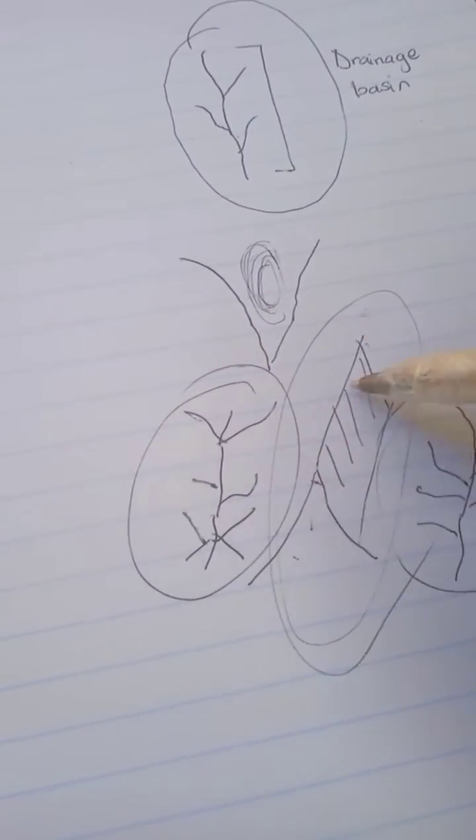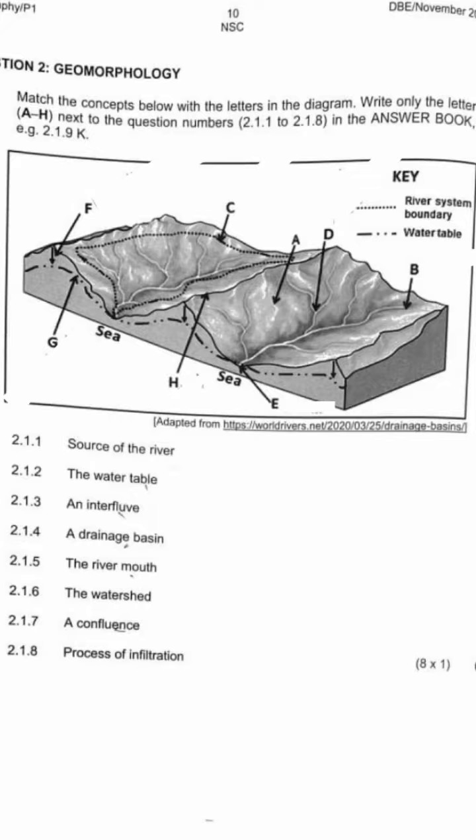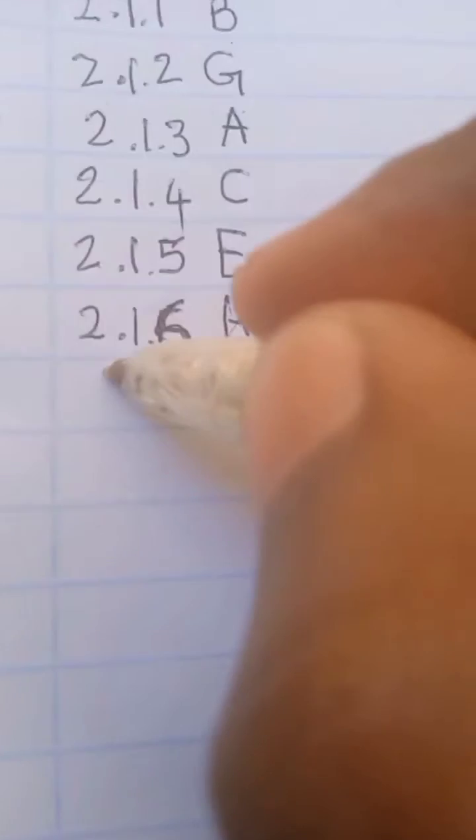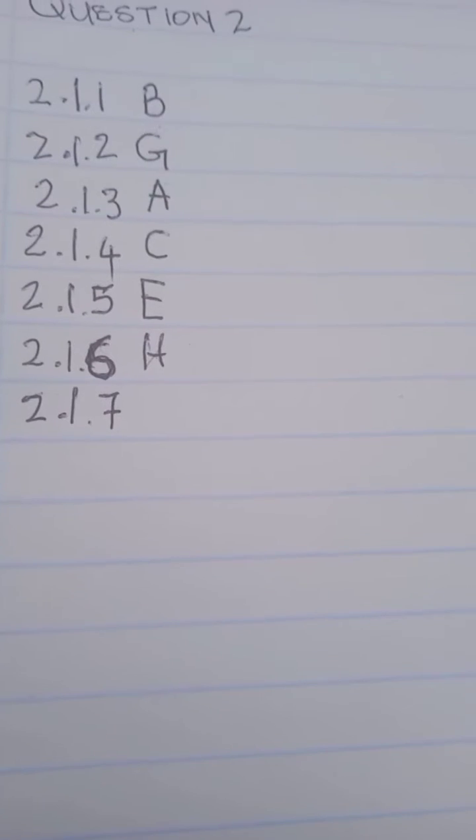So a watershed has to be a high-lying area that separates those two drainage basins. And looking at this, the watershed has to be H. It separates those two river systems, and it is high-lying, so 2.1.6, we're going for H.